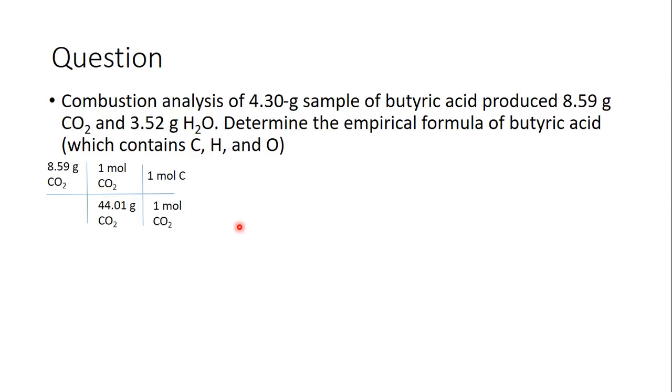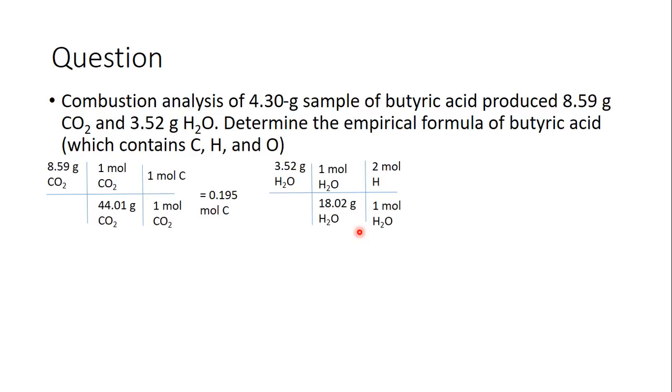Therefore, the number of moles of carbon we have is 0.195. Do the same thing for hydrogen. 3.52 grams of water. Molecular weight of water is 18.02 grams of H2O per 1 mole of H2O. For every 1 mole of H2O, we have 2 moles of hydrogen, again, in the formula. Therefore, the amount of moles we have are 0.391 moles of hydrogen.